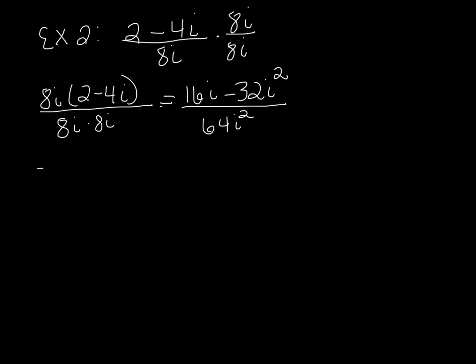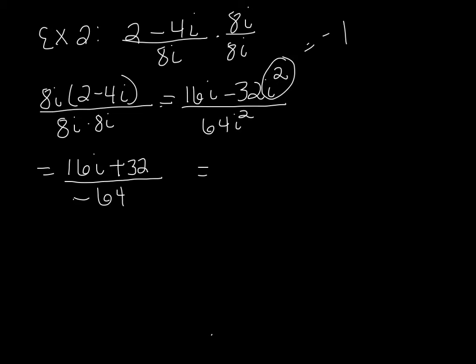Okay, so we'll continue to simplify here, 16i. And then here, we know what happens with that i squared. So we know that that's going to become a positive 32 because this i squared here equals a negative 1. Okay, on the bottom we know that i squared equals a negative 1, so the bottom becomes a negative 64. So kind of like the previous problem here, you can pull out a 16. Okay, and if you want, we'll even pull out a negative 16.